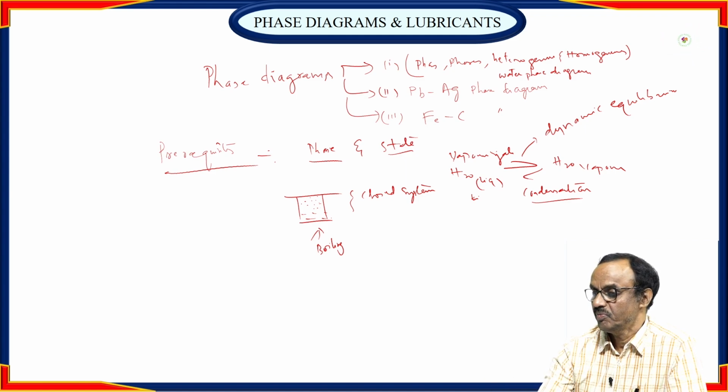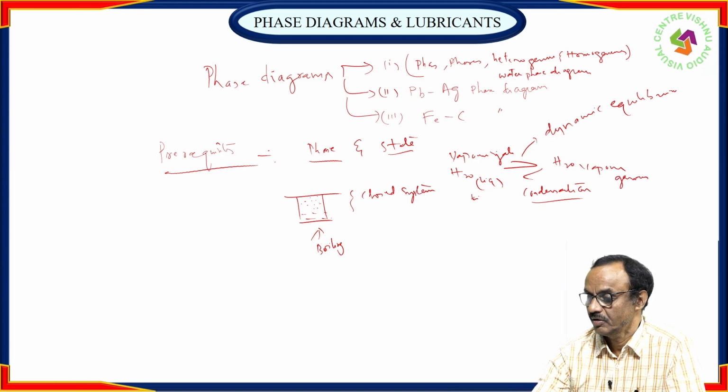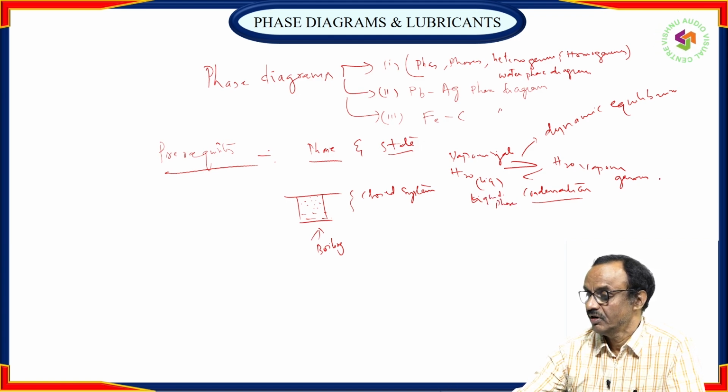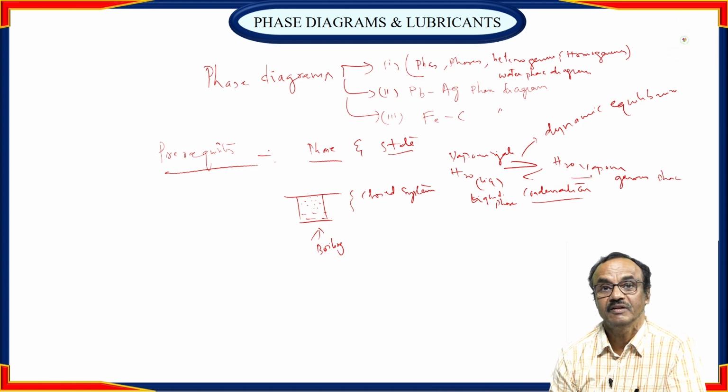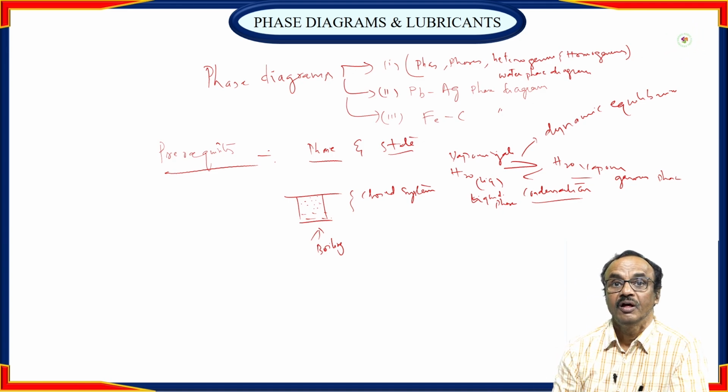At dynamic equilibrium, the possible phases are gaseous and liquid phase. Here we call it phase, not state. It is limited, we can measure it, physically distinct, mechanically separable.